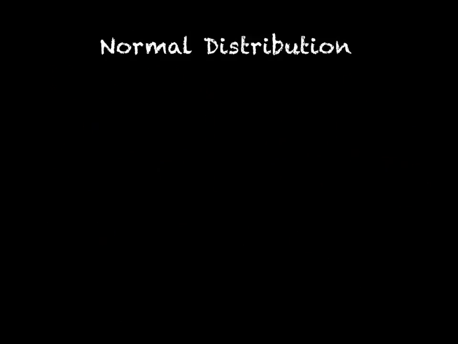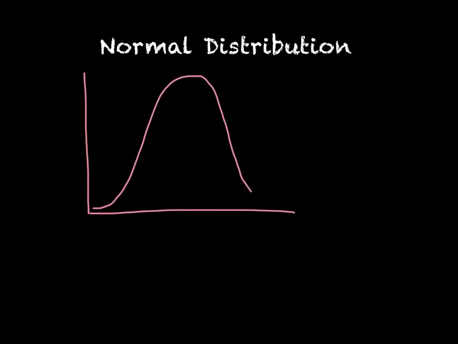The normal distribution is a very special type of distribution pattern. It looks something like this, and people often say that it has a bell-shaped curve, or they call it a bell curve.